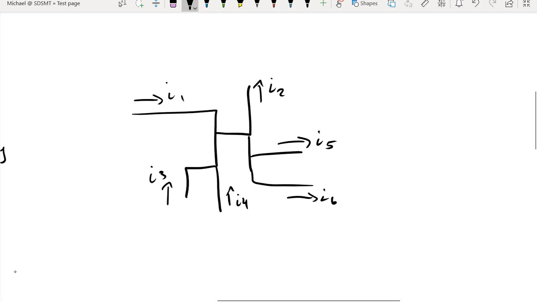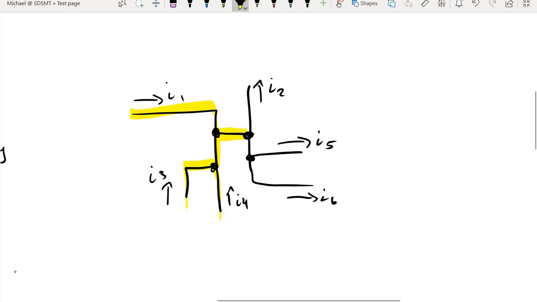Because there are multiple nodes throughout this circuit, and I can see that, you know, current 3 will come up, current 4 will come up, they'll add together, and they will combine with current 1.